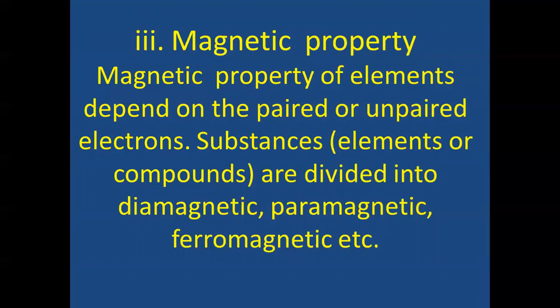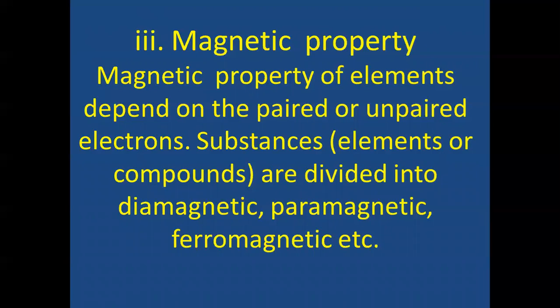Coming to the substances, we have magnetic property due to the electrons. In modern theory, that is called electronic theory, which explains that the magnetic property of a substance or an element is due to the spinning of electrons.